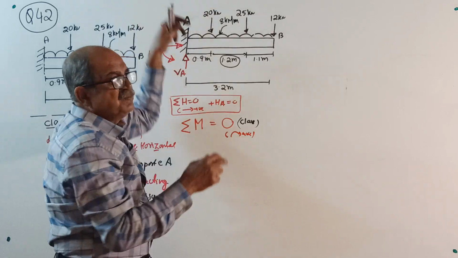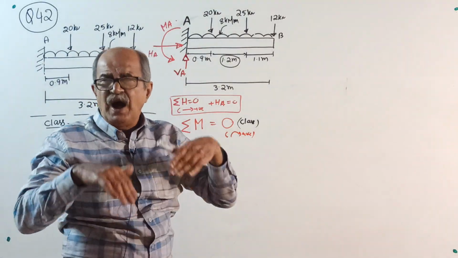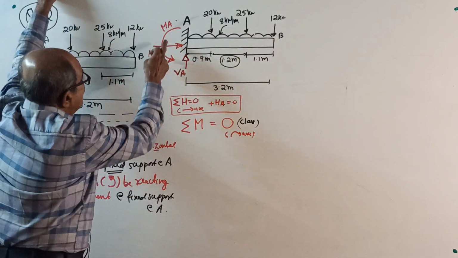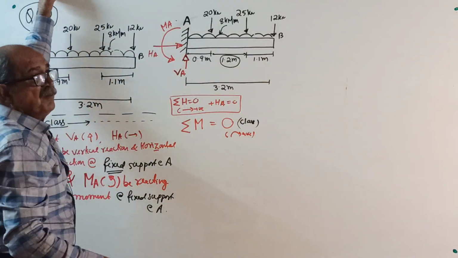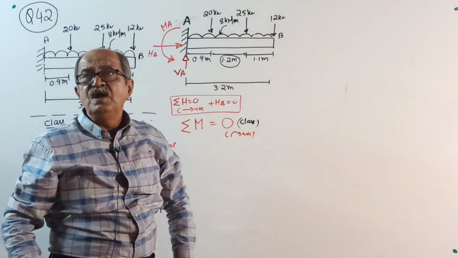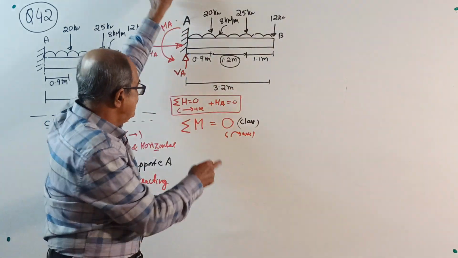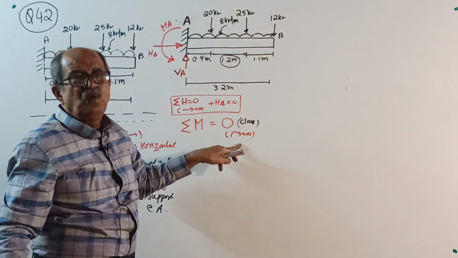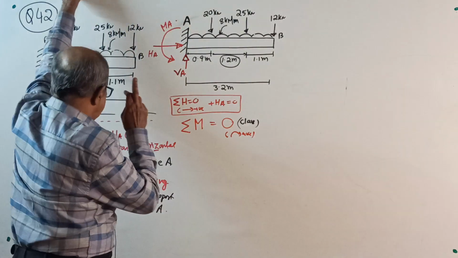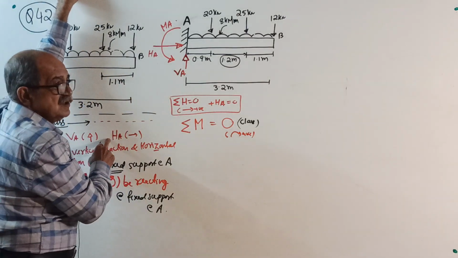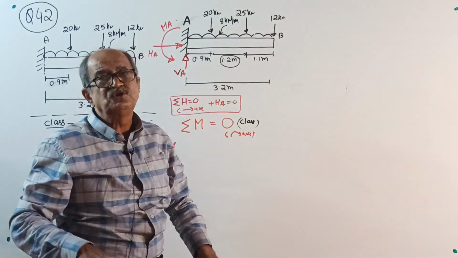You take clockwise positive or anti-clockwise positive, whatever positive. Later, when you decide the direction for reaction or when you observe the sign you got for the unknown, at that time, never and never and never see this sign convention. You can take whatever you want. If your assumed direction is correct, positive will come. If assumed direction is wrong, negative will come. I will stop the statement now.